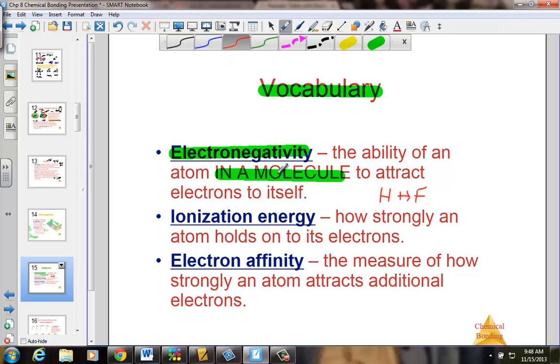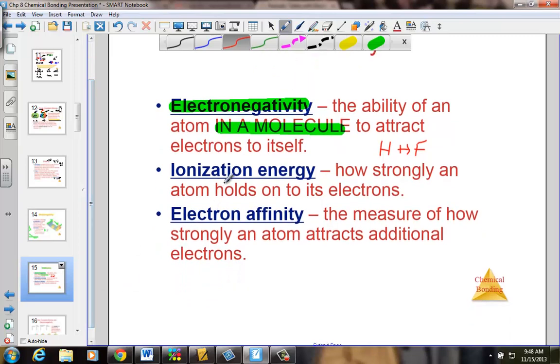Now in the last chapter we defined ionization energy and electron affinity, and I just wanted to review those terms. How strongly an atom holds on to its electrons is ionization energy, and the measure of how strongly an atom attracts additional electrons is electron affinity. This is a single atom, not in a molecule, but a single atom.